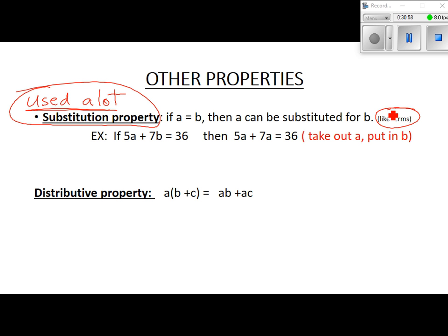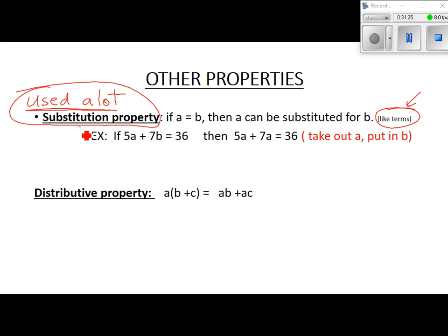Anytime you're just putting something together, substitution property. There are a lot of different places you could just stick in substitution property. There are other things we could put in, like added like terms, but just use substitution property.